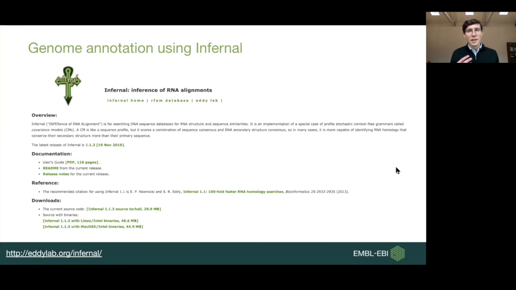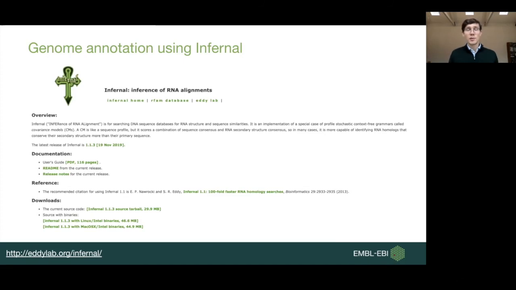And the key use of Rfam is the ability to take the known families and their covariance models from Rfam and use Infernal software to annotate any sequence with these RNAs. So for example, if somebody sequences a new genome and they want to find all non-coding RNAs in this new sequence, they can easily run Rfam on this new genome and identify all the RNAs.